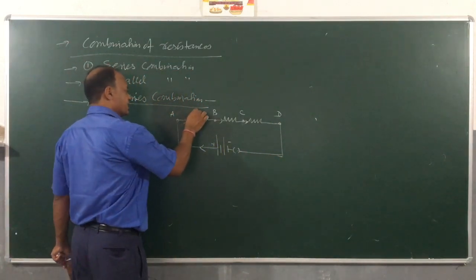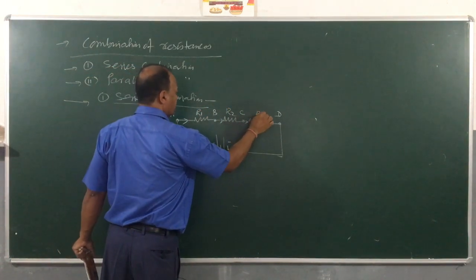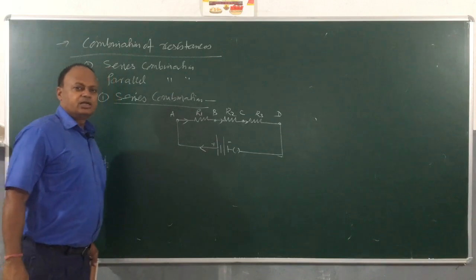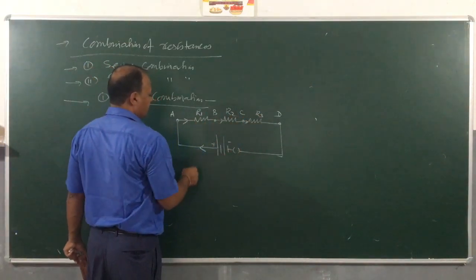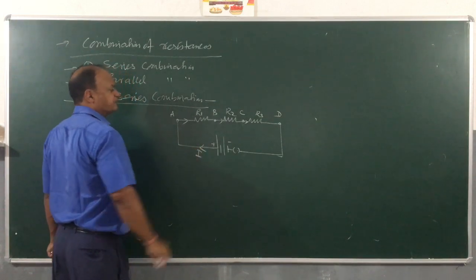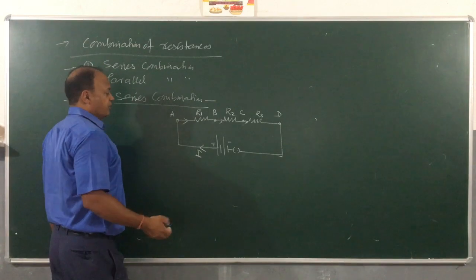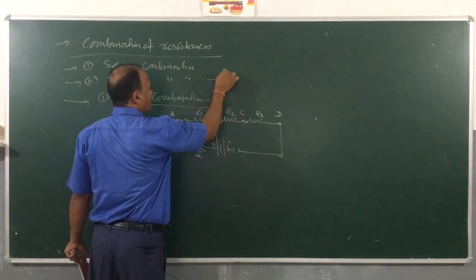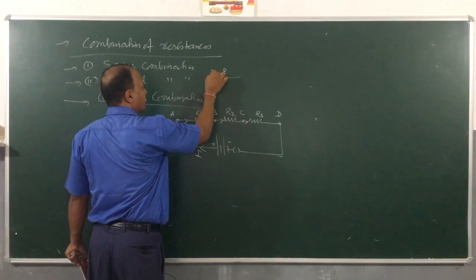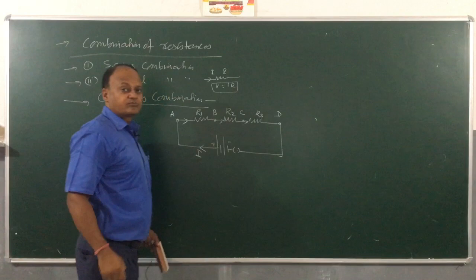Let us say the first resistance is R1, second one is R2, and third one is R3. You can clearly see that current through all the resistances is the same. So I will say let the current be I. But what is different is, we have already known that if there is a wire of resistance R and current is I, then potential difference V is equal to I into R. We have done this using Ohm's law.